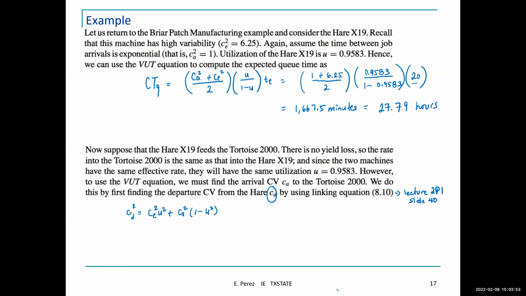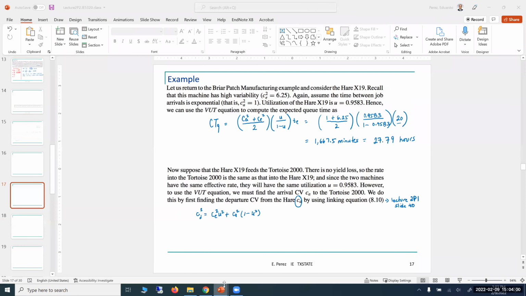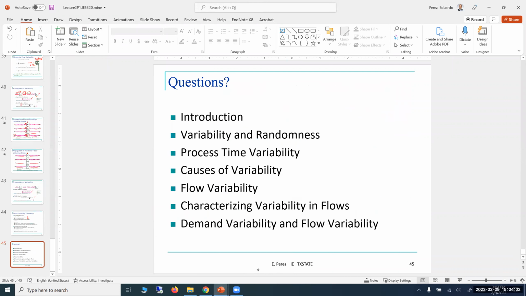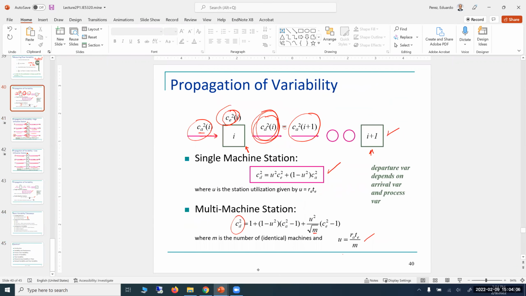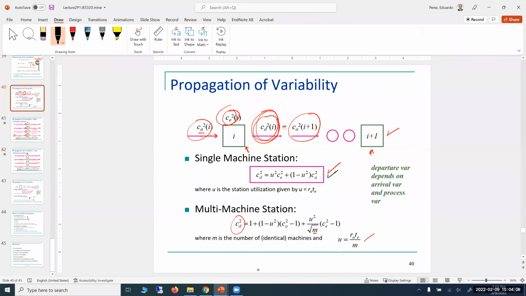Okay, let me show you that, in case you don't remember. This is the expression that I'm referring to. CD, the coefficient of variation of the departure.